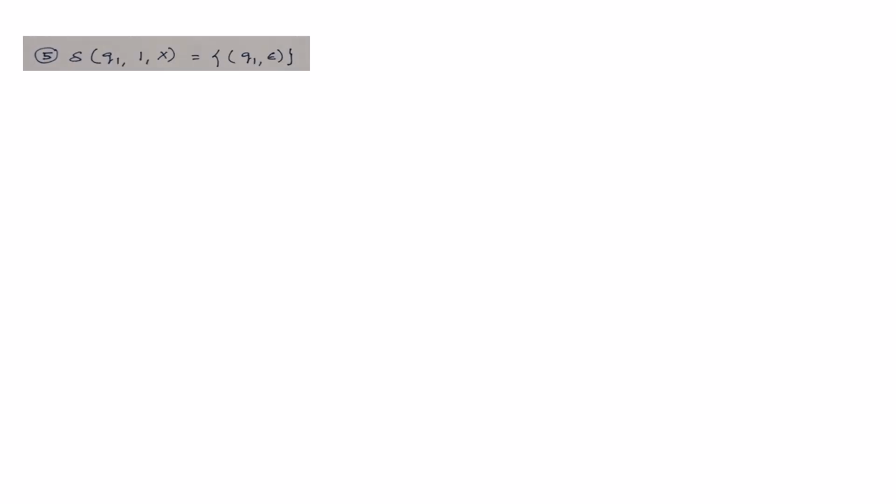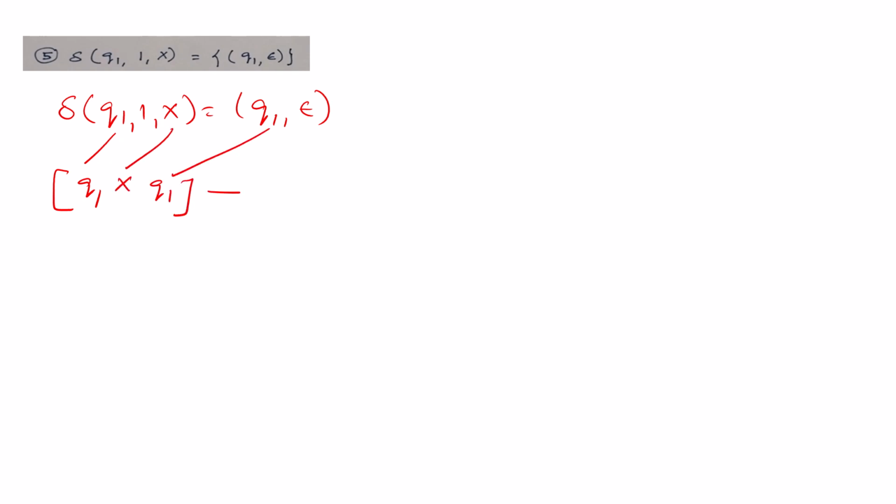Next production, we are having delta of Q1, comma 1, comma X is equal to Q1, comma epsilon. So we are going to have the production Q1 X Q1 gives us 1.